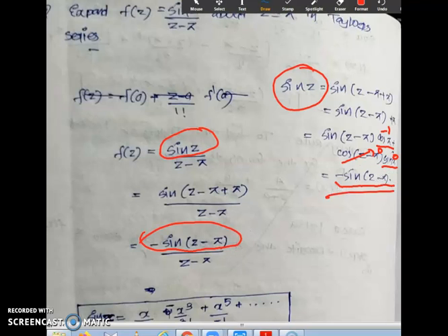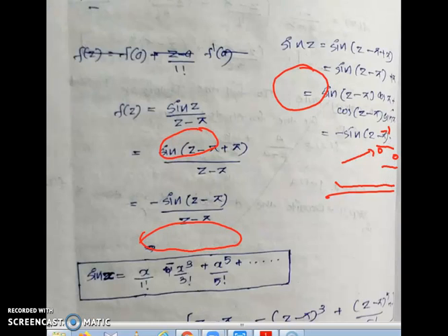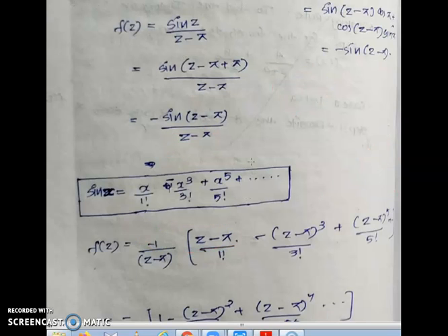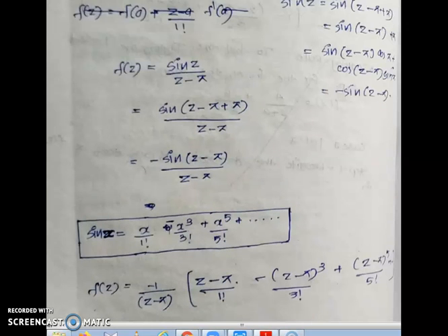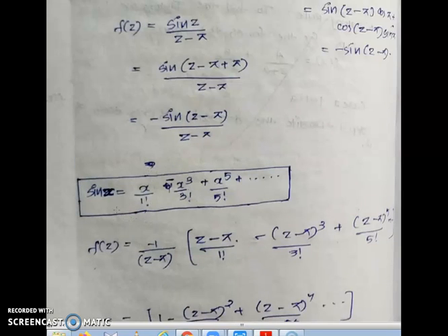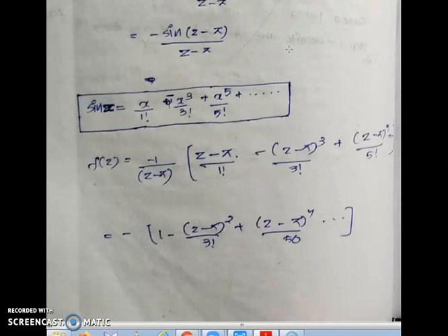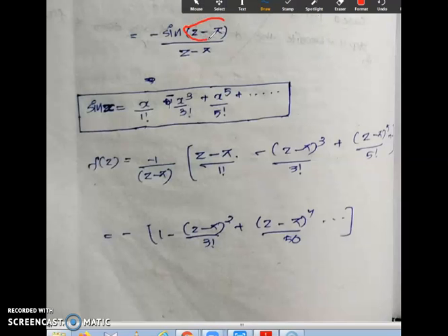After this, what we are going to do, we know the equation of sin x, right? What is sin x? Sin x is given by x by 1 factorial minus x cube by 3 factorial plus x power 5 by 5 factorial minus etc. Here, instead of x we have z minus pi.